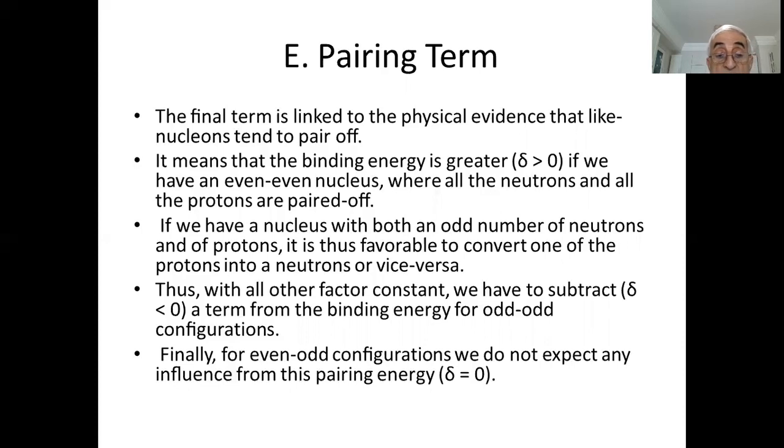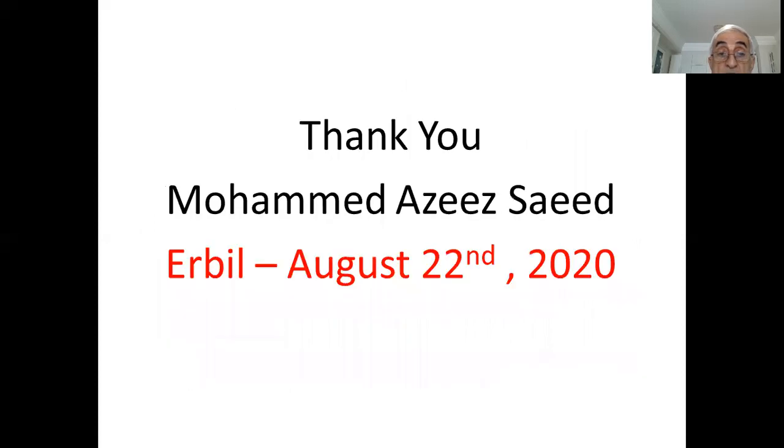Thus, with all other factors constant, we have to subtract delta, a term from the binding energy, for odd-odd configurations. Finally, for even-odd configurations, we do not expect any influence from this pairing energy, so delta will be zero for even-odd configurations.